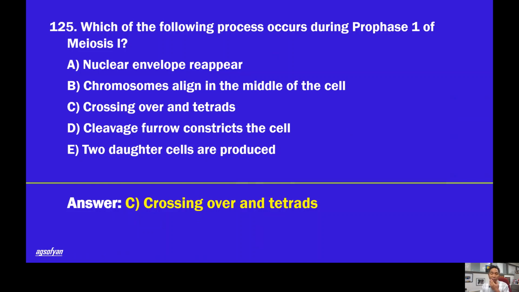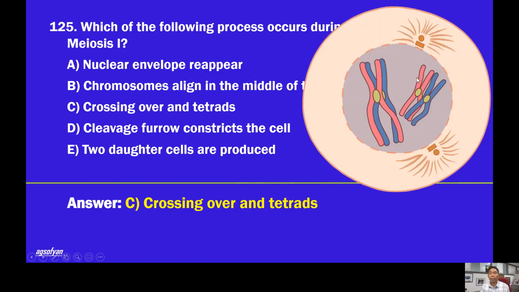This is a very important process that increases the diversity of human reproduction. So this is one tetrad, this is another tetrad, and you see there is a crossing over between the non-sister chromatids from the 2 homologous chromosomes.